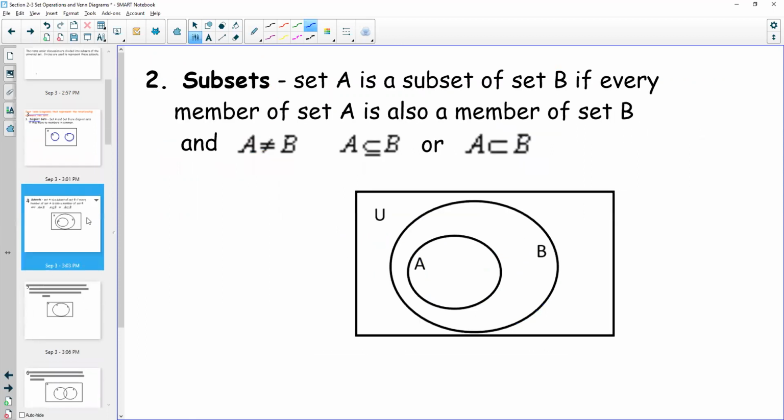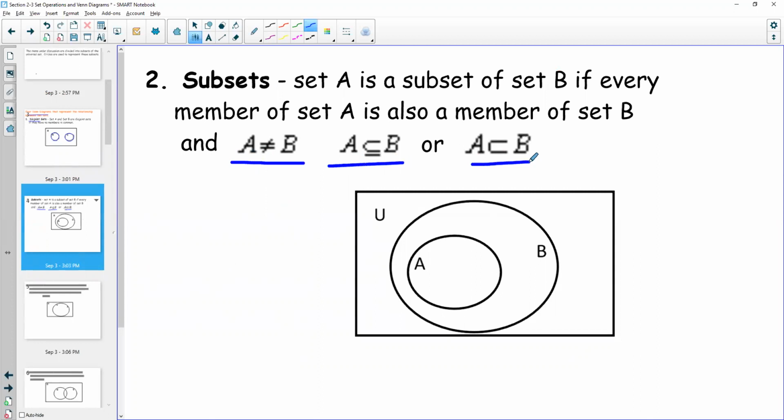The second is subsets. So in this case, A is a subset of B, and everything inside of A is also in B. The rule here is that A and B can't be equal. So they're not exactly the same. But A is a subset of B. It's also a proper subset of B, okay?